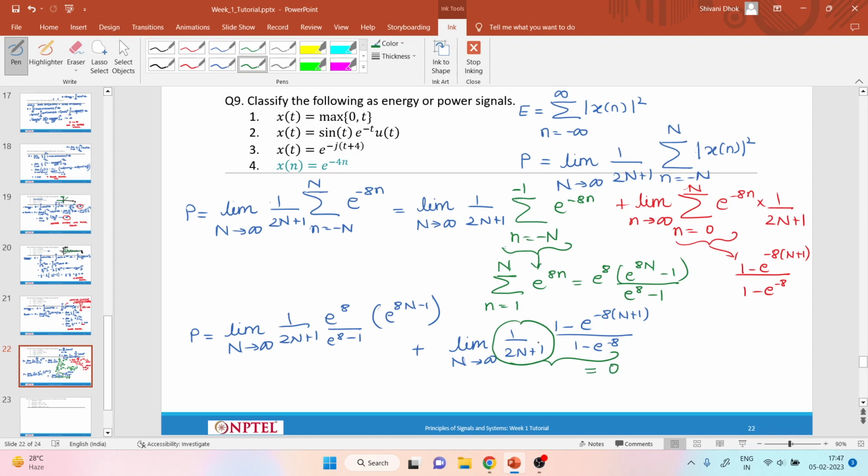But now if you look at this factor here, it is exponentially increasing with n, and the other is linearly increasing, and therefore this will dominate and tend to infinity. Therefore my power will be tending to infinity, which means that it is not a power signal.